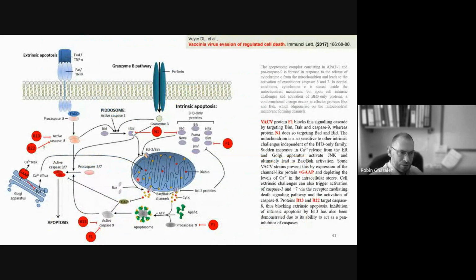Right, okay. What we're looking at here is the role of a particular virus called vaccinia virus in targeting this process. So it's a different slide from a different paper. It's indicating the granzyme pathway and extrinsic apoptosis by this death receptor.